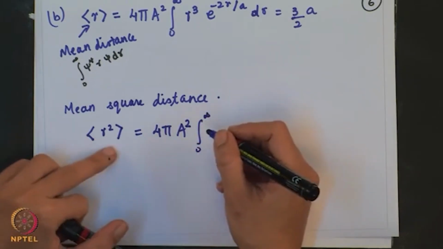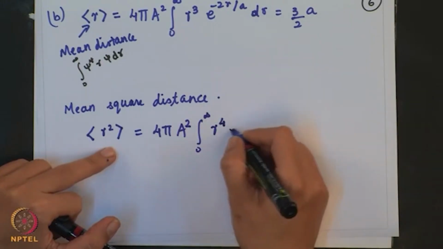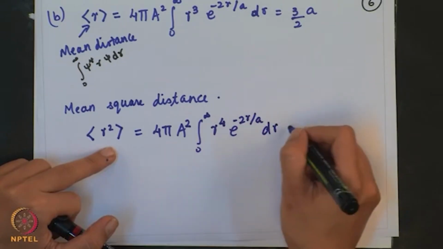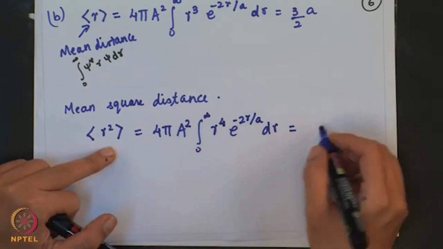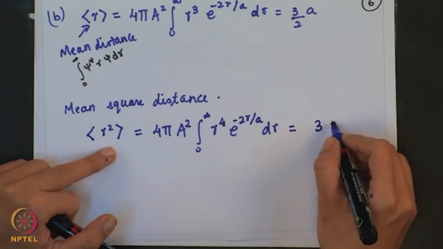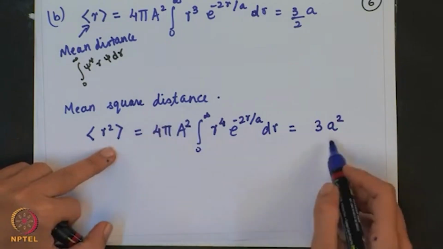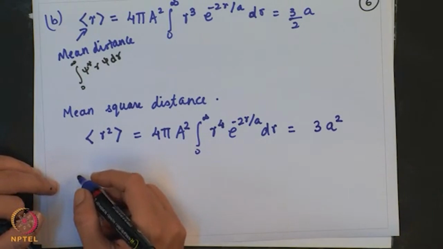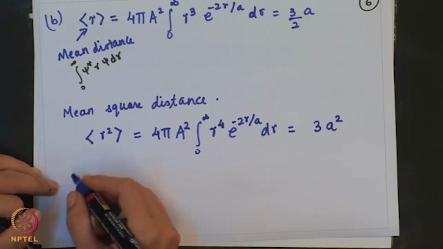Now, you have an r square, so this becomes r raised to 4 e raised to minus 2r upon a. Again you will use gamma function and get the result, which comes out to be 3 a square.